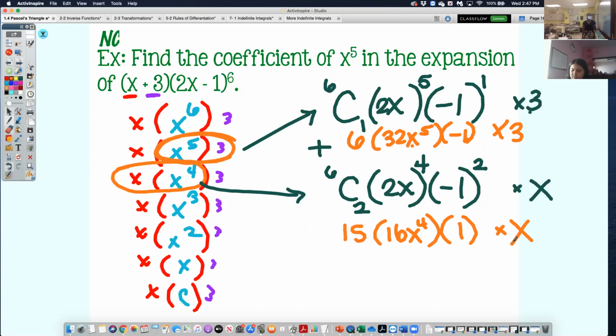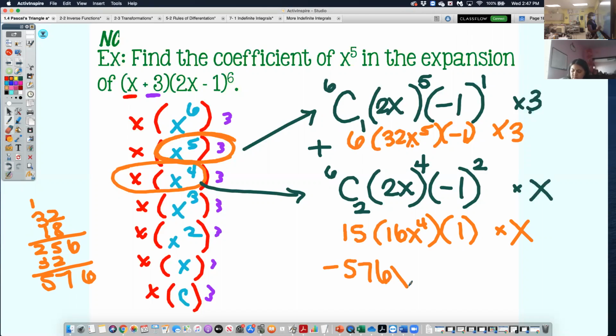So 6 times 32 times 3, I need to work that out. That's going to give me a negative 576 x to the 5th.